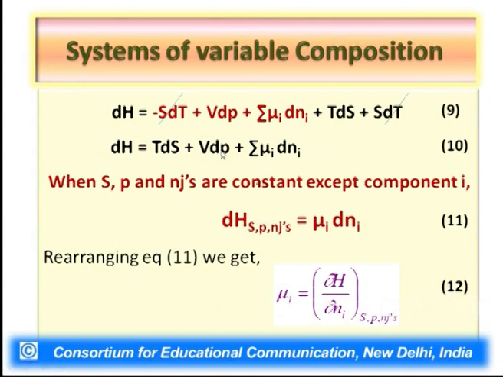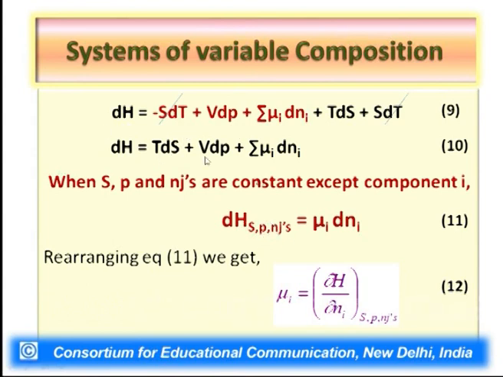Now, we can make use of this equation 10 in a way that if we keep the entropy of the system constant, the pressure of the system constant and also the number of moles of all other chemical constituents except component i, then this equation 10 transforms to equation 11, which is dH under the condition of constant S, P and nj's.